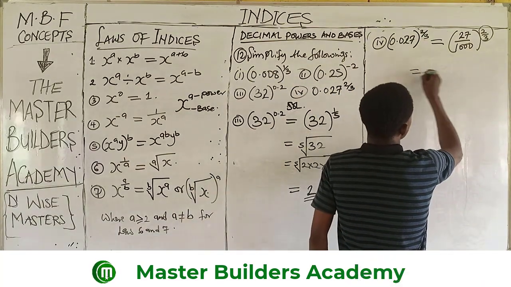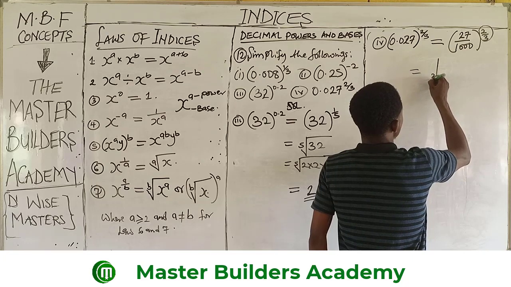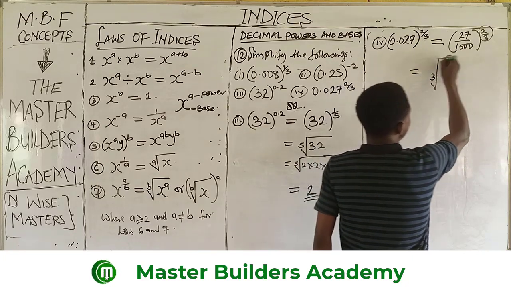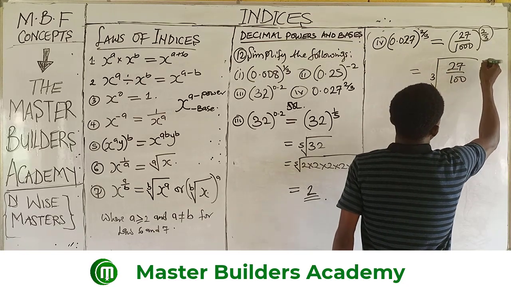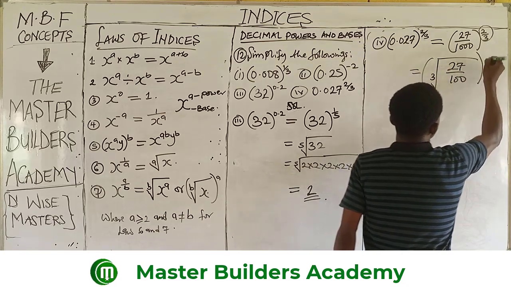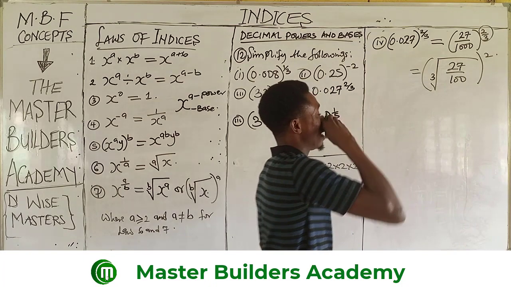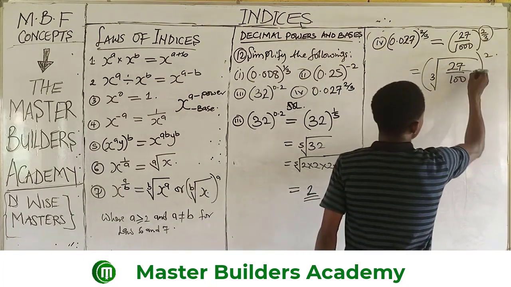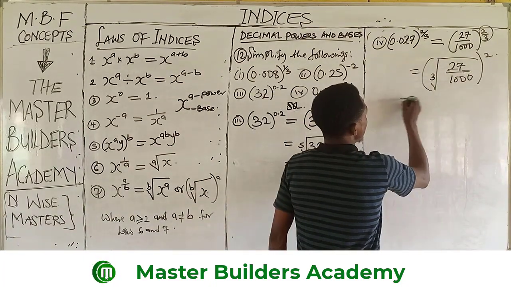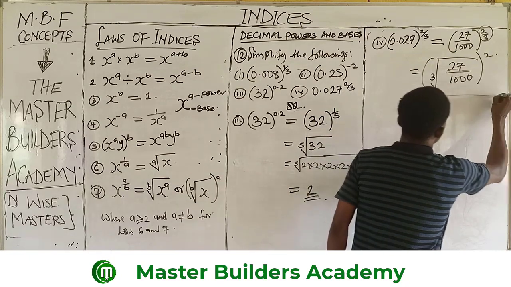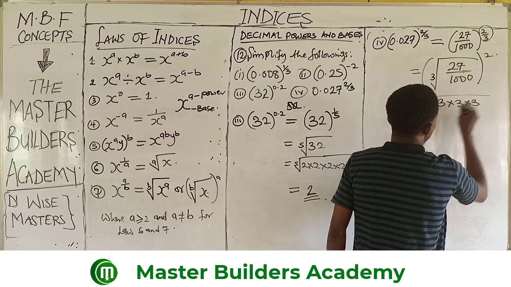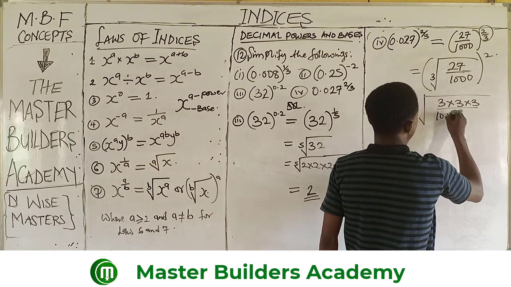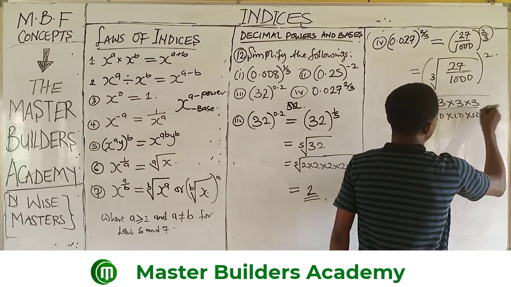We put the denominator of the power to be the root of the base, and this is the base, all squared, which is the numerator. As simple as that. Okay? So this is 1000. Now, the cube root of 27 is 3 times 3 times 3. And the cube root of 1000 is 10 times 10 times 10.